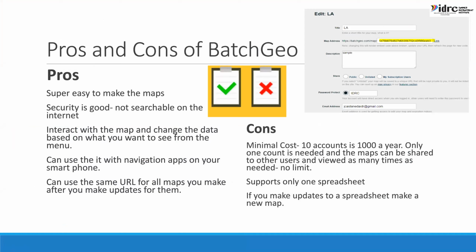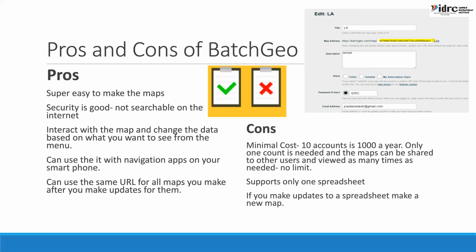The cons, of course, is that it costs something. 10 accounts is $1,000 a year. Only one account is needed though. For example, for a state as big as Oregon, there's no limit on the number of maps that you make. You could make 50,000 maps and there's no limit like, okay, you've had too many people view your data.